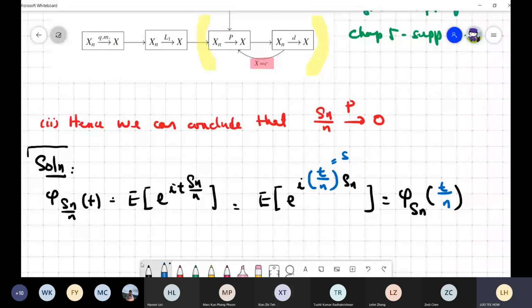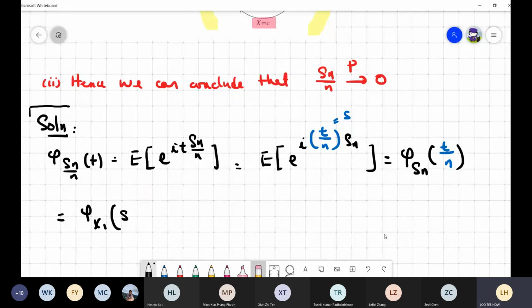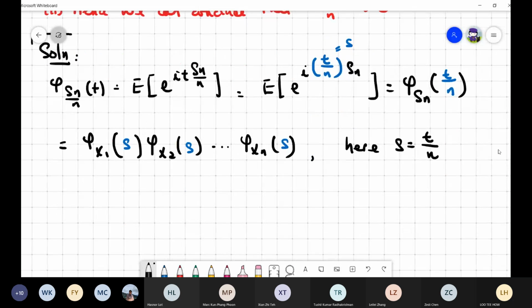So this is the way. Okay. So we know this. Okay, now we can continue. So this one is equal to S_n, which is actually summing all the X_j. So therefore, we can say this is phi of X_1 of s. Okay, so here I just make it easy. I just simply write s to be t over n to simplify our symbol.